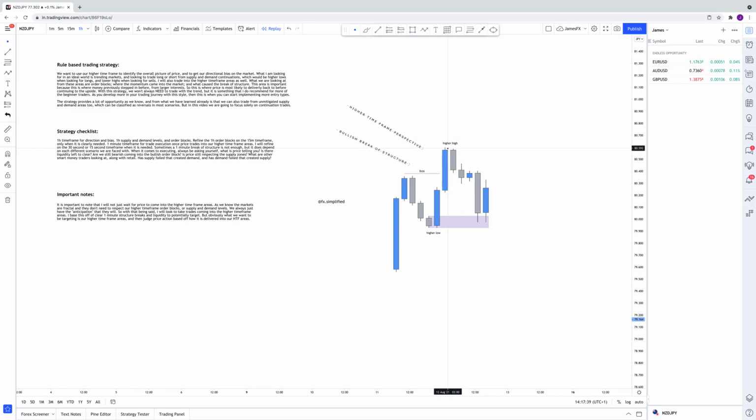But we can use the lower time frames to get an idea if price is going to continue down and trade that momentum, and also if there's imbalance from this move here and liquidity to target, then that's what we can do. On the hourly, we can see we had this push down, and we had this little bullish candle push back up, and we also have a wick here.